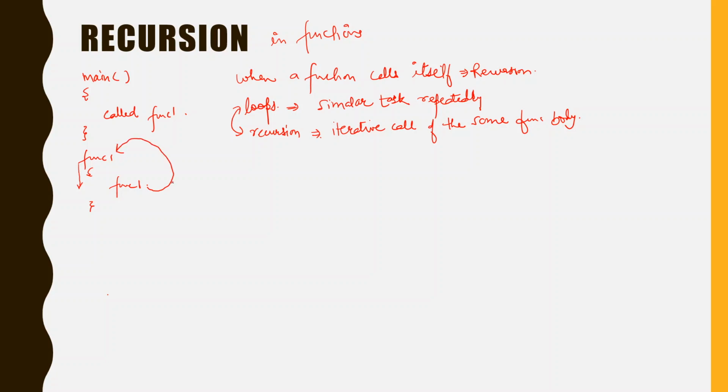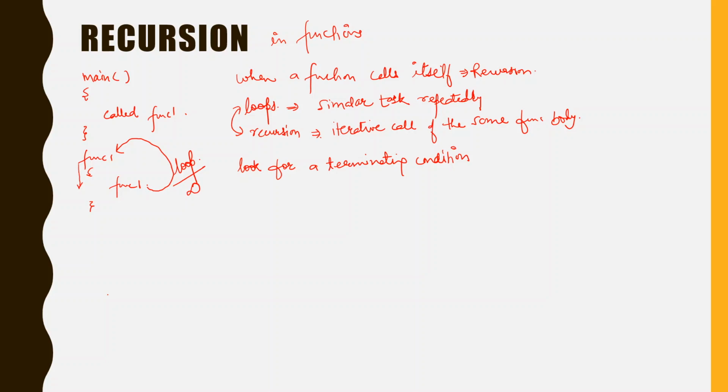So this may create a loop among the calls of the function, and whenever there is a loop, there is iteration, and the chances of going infinite are always there. So like loops, in recursion we also have to look for a terminating condition.